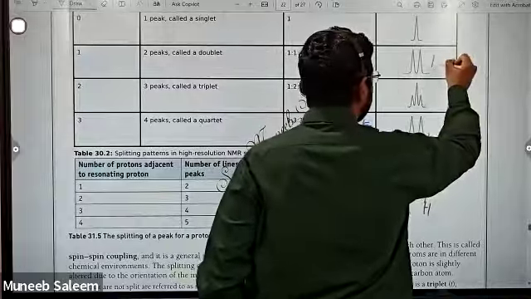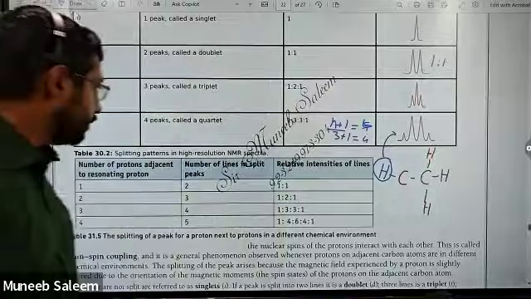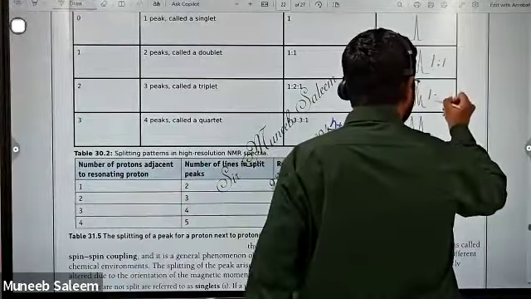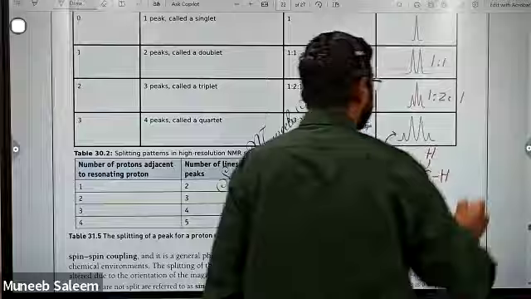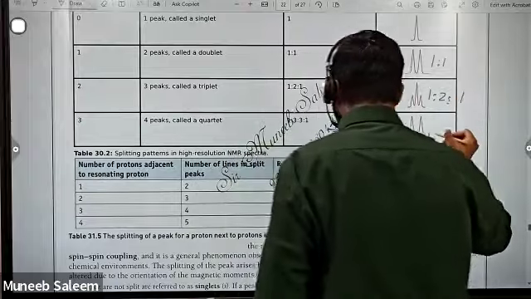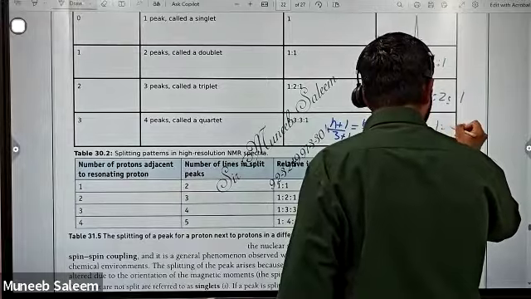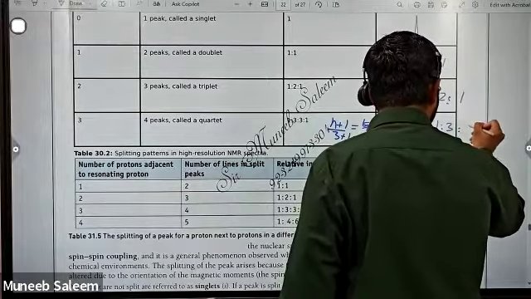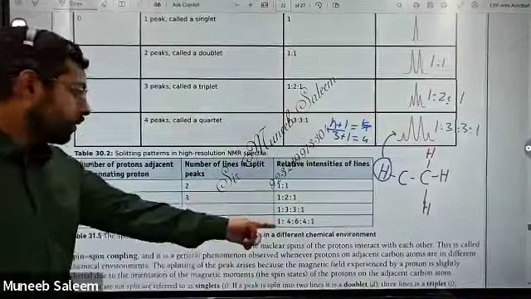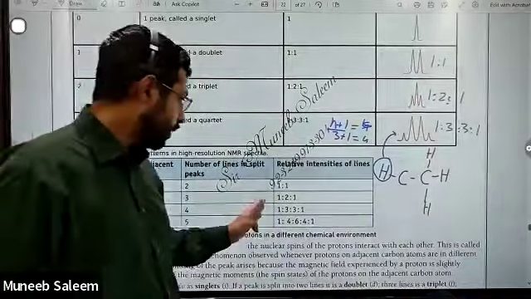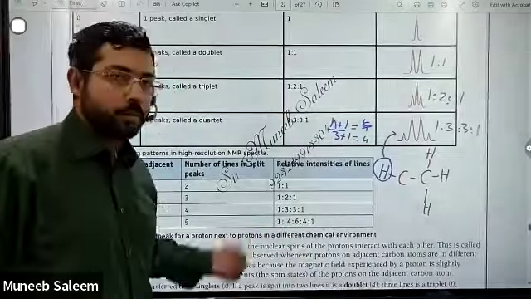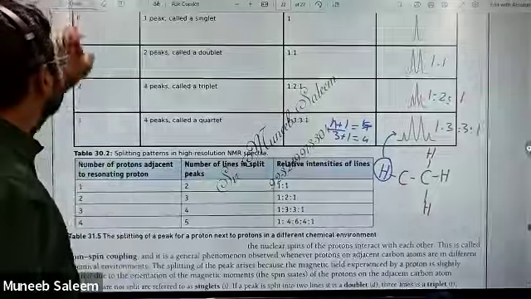If there is a triplet, then the ratio is 1:2:1. If there are 4 lines, then they are represented as 1:3:3:1. And there's still one more addition, 1:4:6:4:1, which will be giving 5 peaks.